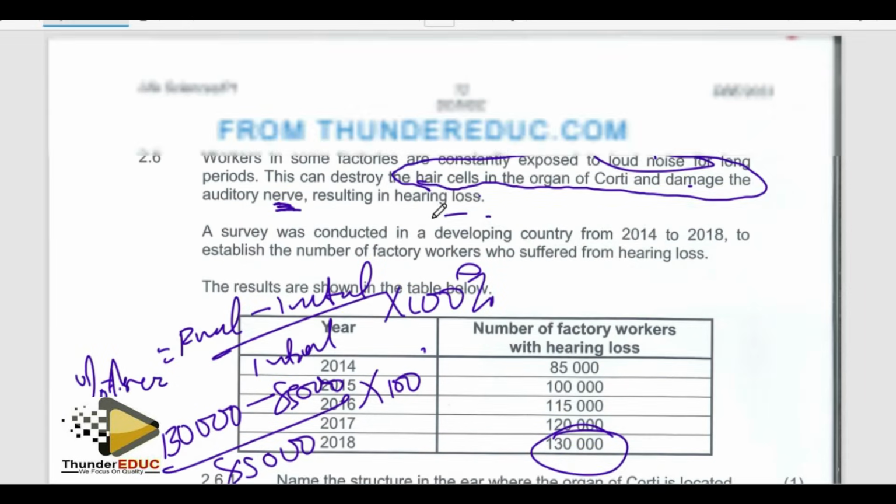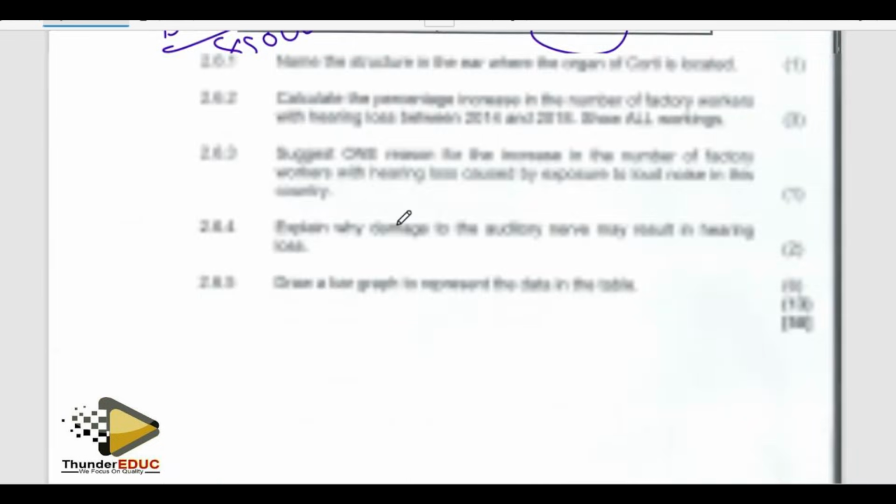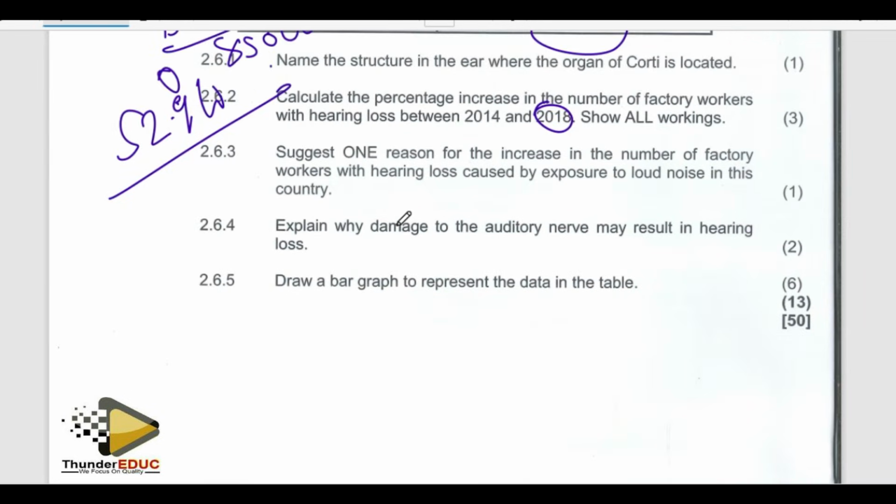They said it here, that this can destroy the hair cells in the organ of Corti and damage the auditory nerves. Yes, they said it here. That's why I like the passage. You get the answers from there.